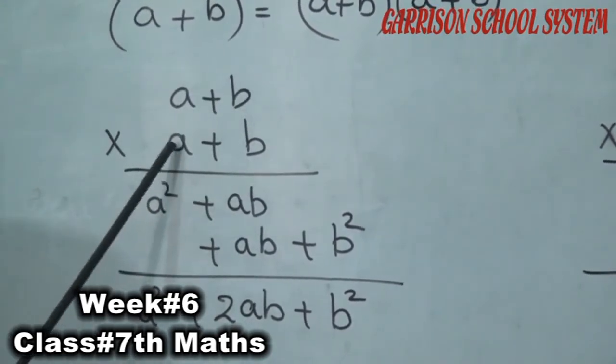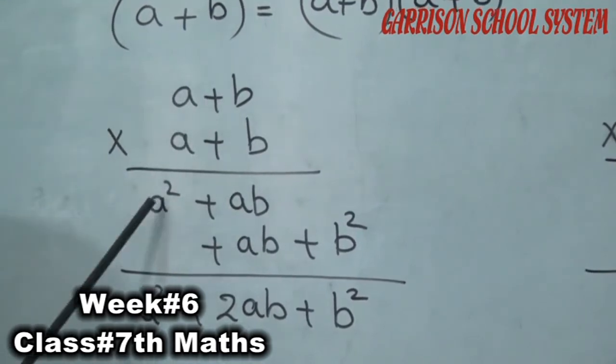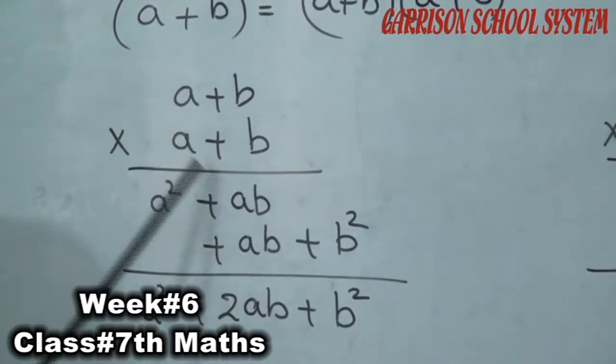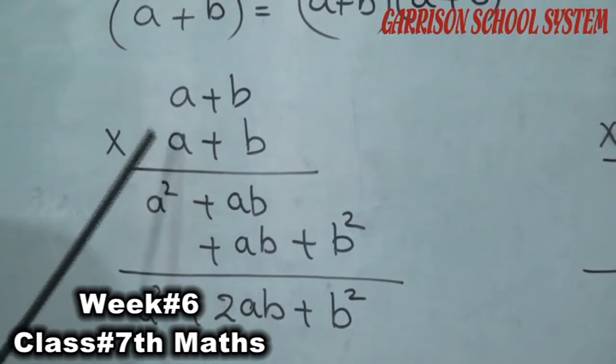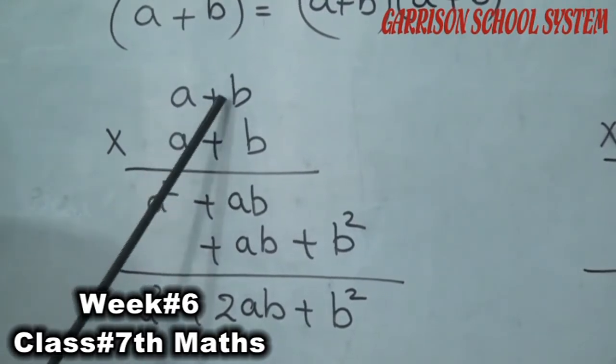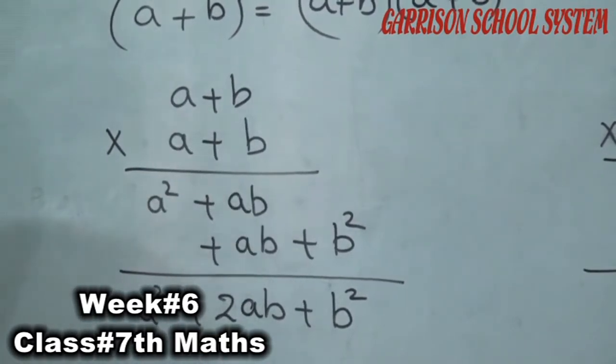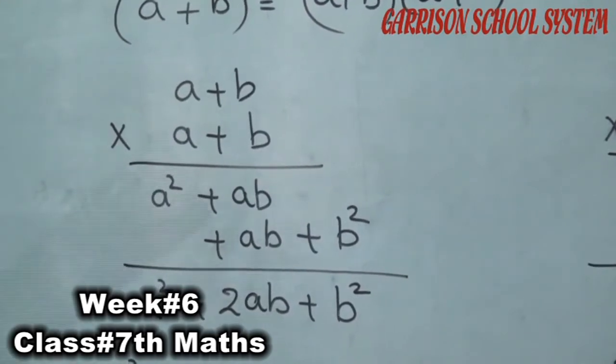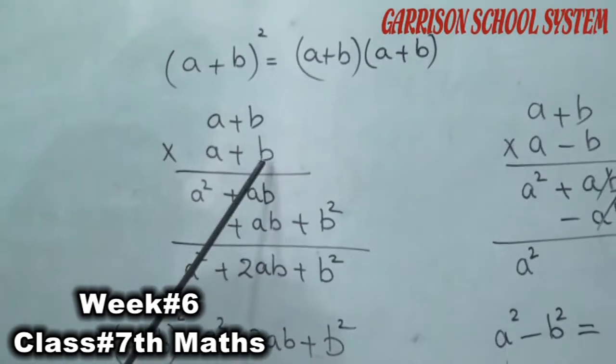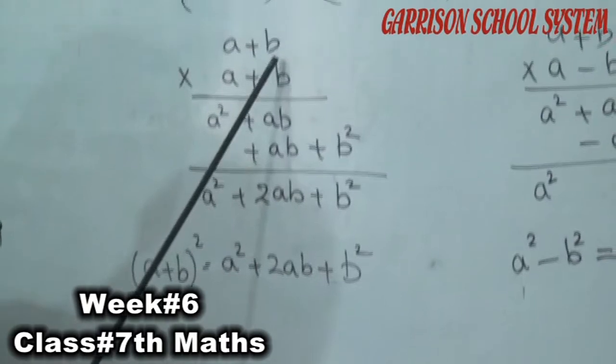When I multiply a with a, it will become a square, and plus. When I multiply a by b, it will become ab. Next, I have to multiply b with a plus b.